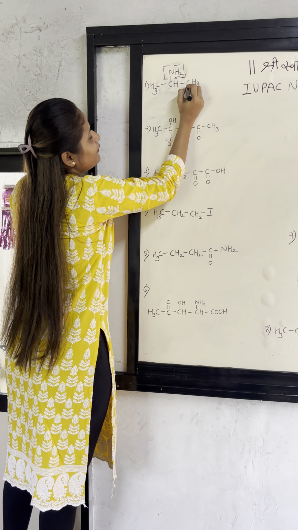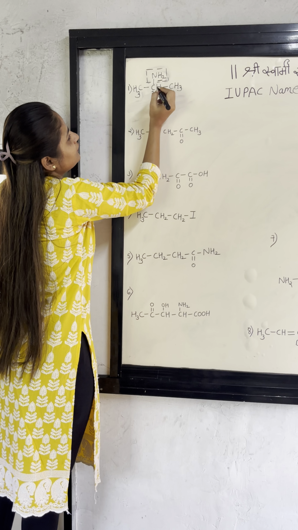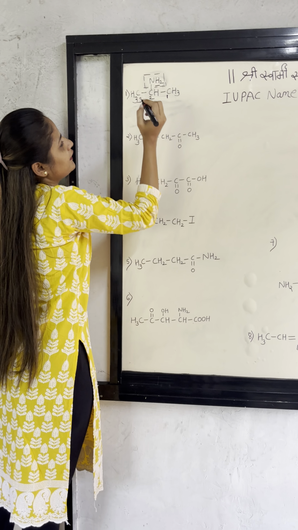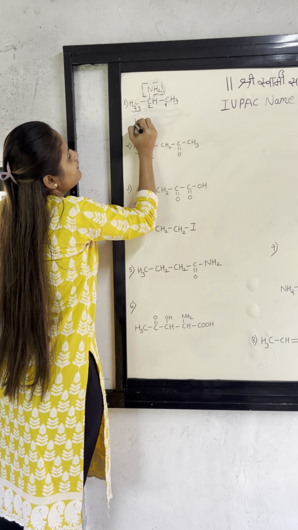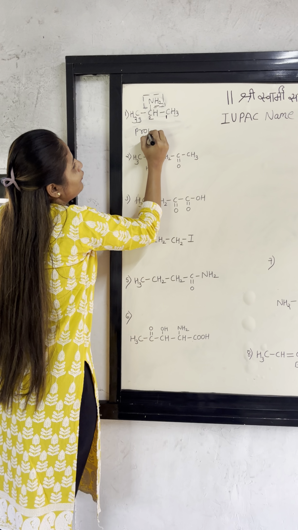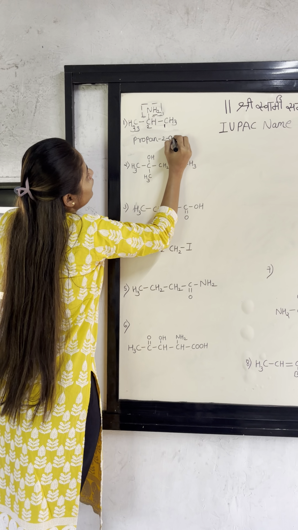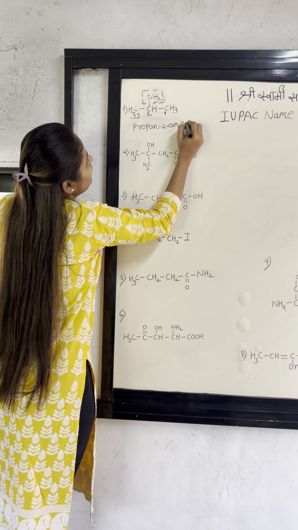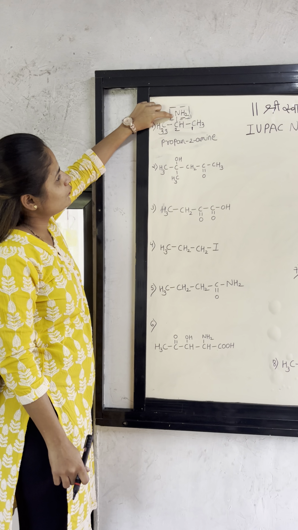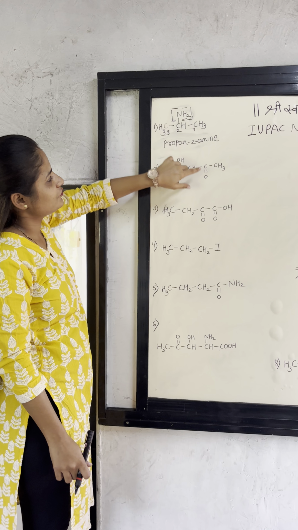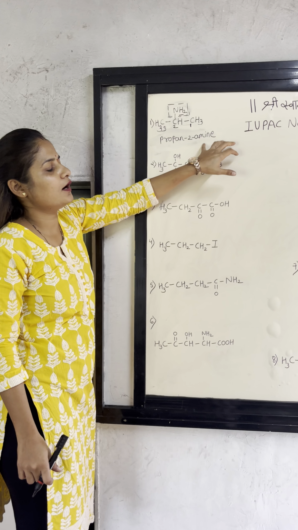So here we give the numbering of carbon 1, 2 and 3. So the name is propan-2-amine. NH2 is attached to the second carbon, so here we have to write 2-amine.